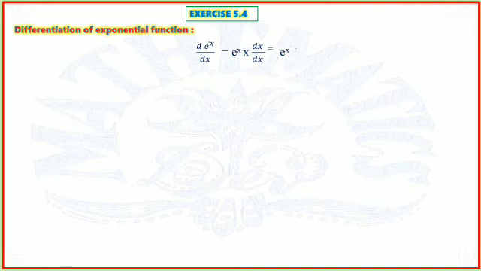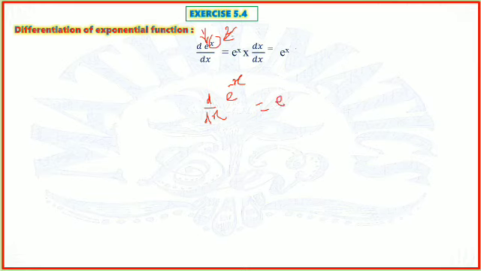So you need to understand that first you look at this exponential function, and then its power. Now for example, the question is d over dx of exponential minus x. Then its differentiation will be as it is.